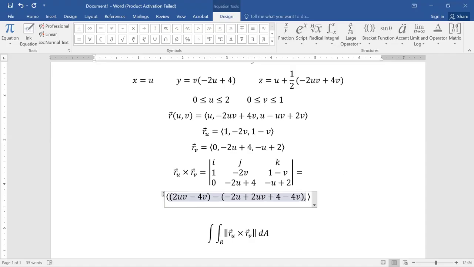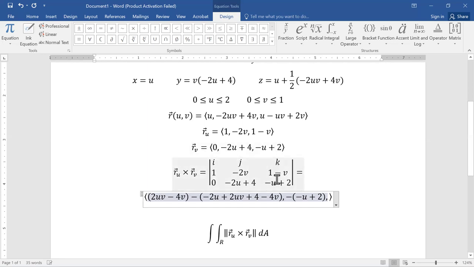That is just the first component. The second component I get by eliminating the row and column that j is in, and then taking the negative of 1 times negative u plus 2, and then minus, well, in this case, plus 0 times 1 minus v, so you get 0.